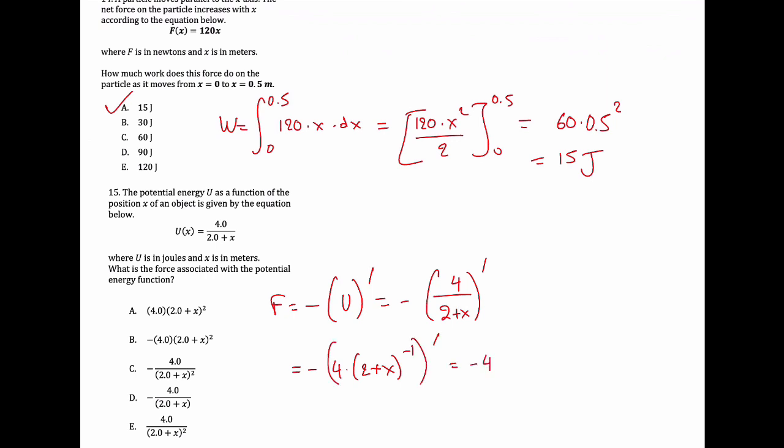So this is minus 4 times, we can bring the value of minus 1 down next to the (2 plus x) that has to go to the power of minus 2. At the same time, we need to multiply by the derivative of 2 plus x, which is 1. So basically, the final answer is minus times minus 4, minus times minus is plus, 4 over (2 plus x), and all of it to the power of 2. And if I'm not mistaken, the best answer is E.